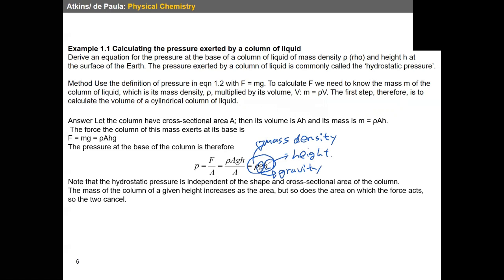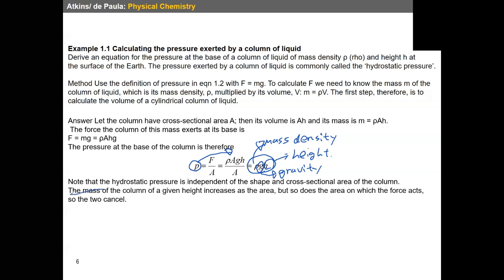So the pressure applied to this column does not depend on the shape or cross-section area of the column. It just depends on the mass density, gravity, and height. It is a matter of the mass, not the shape of the column. That's why we call it hydrostatic pressure.